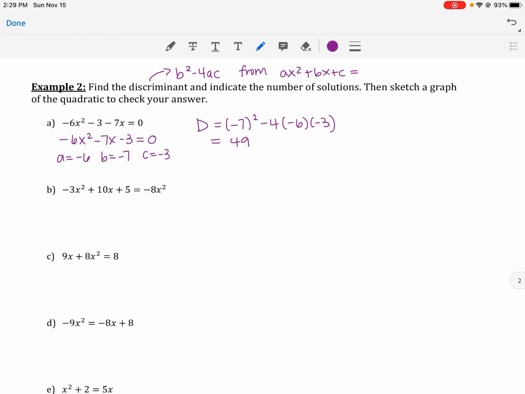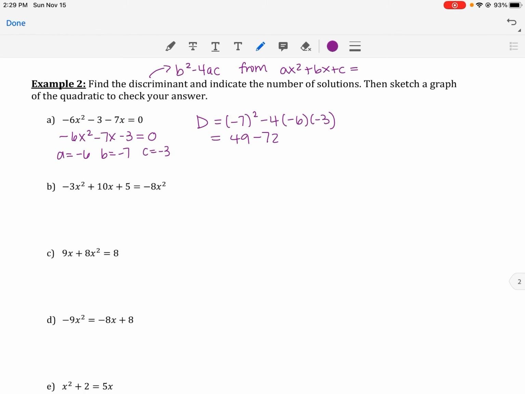Negative 4 times negative 6 times negative 3, we have minus 72. So 49 minus 72, we get negative 23 as the discriminant, which then implies, since this is negative, there are 0 real solutions, right? Meaning it doesn't cross the x-axis, which also means there's 2 imaginary solutions.